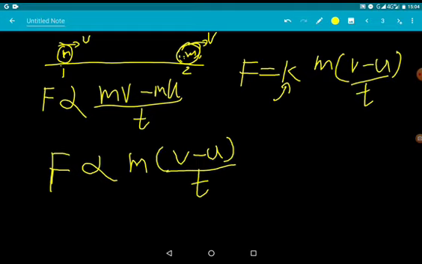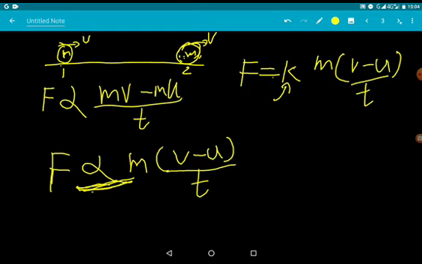How can I write this k? k is a constant. If we are eliminating the directly proportional sign, then we must use an equal sign and also a constant. We cannot eliminate the proportional sign without introducing a constant with the equal sign.